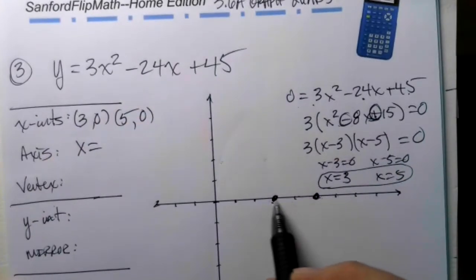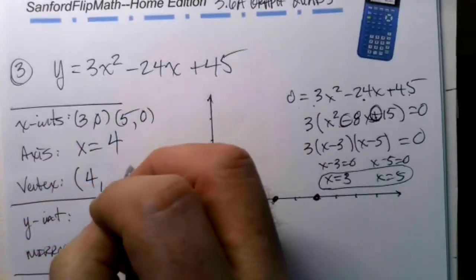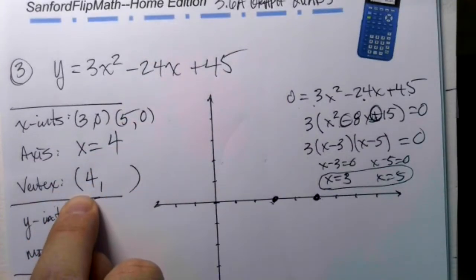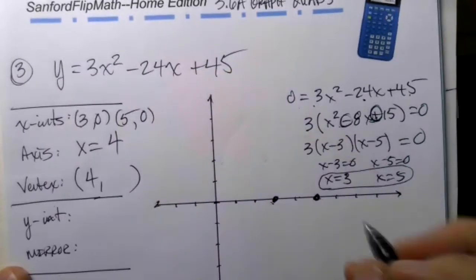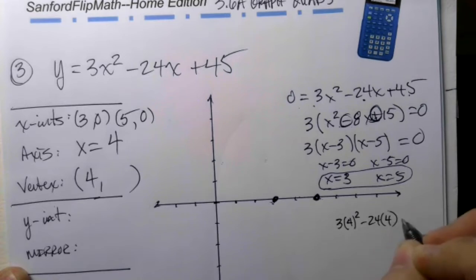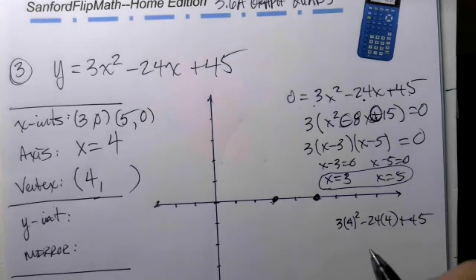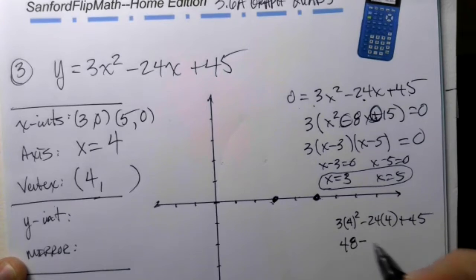Well, what number is halfway between 3 and 5? 4. So that is the x value for the vertex. So we're going to put 4 into this equation: 3 times 4 squared minus 24 times 4 plus 45. Well, 4 squared is 16. 16 times 3 is 48.